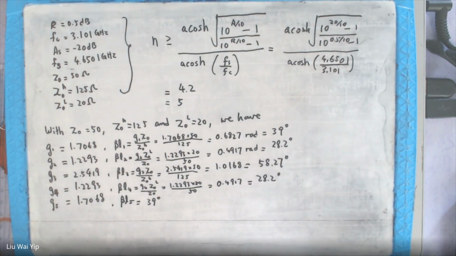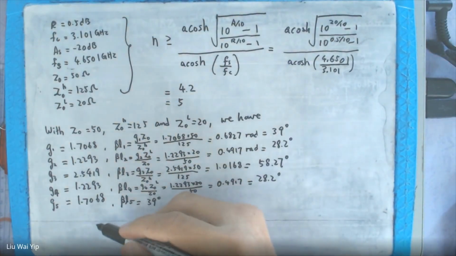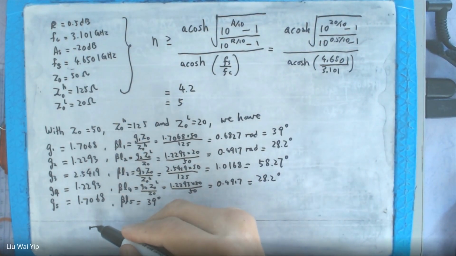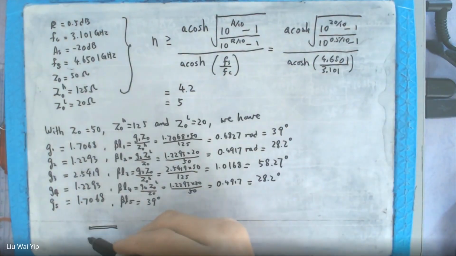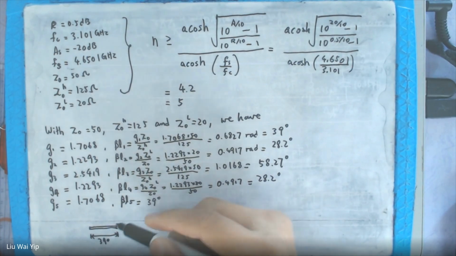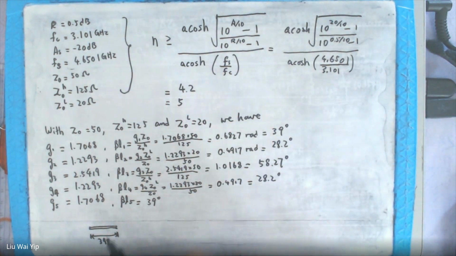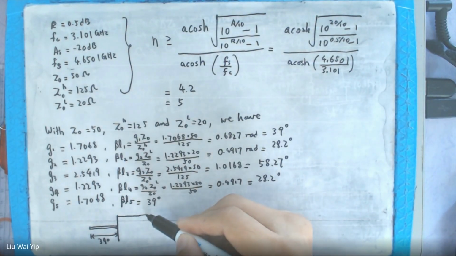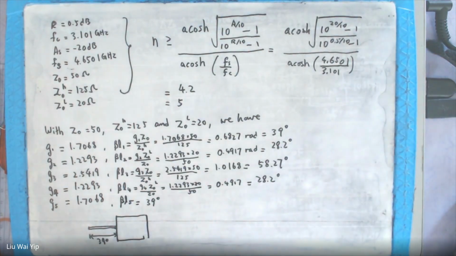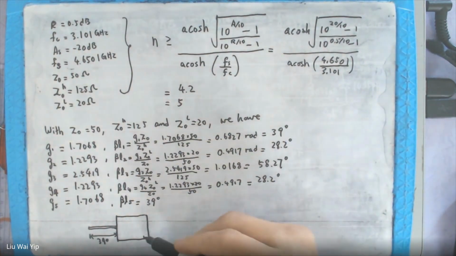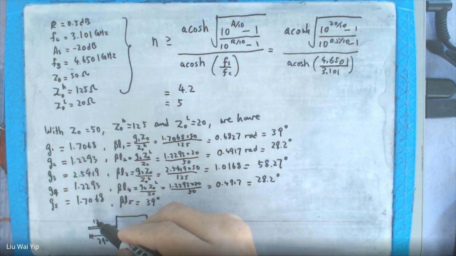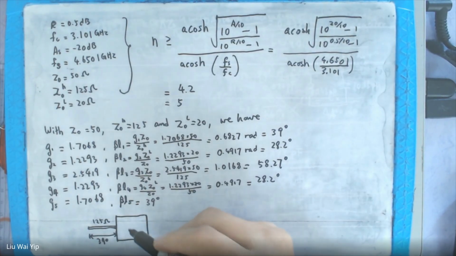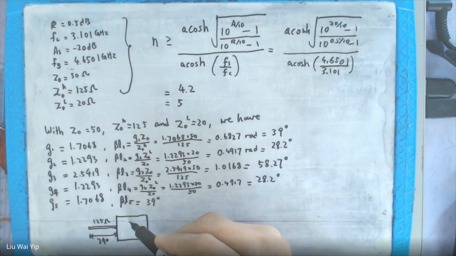So finally, the filter prototype will be like this. The first section will be a high impedance line. The length will be 39 degrees. And the second section will be a low impedance line. The first one is 125 ohm, and the second one will be 20 ohm.